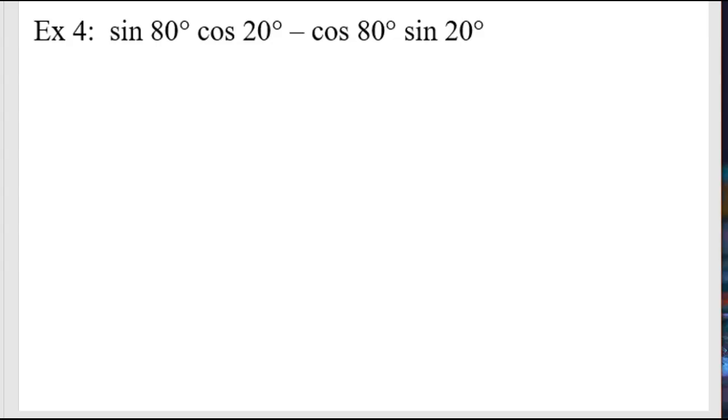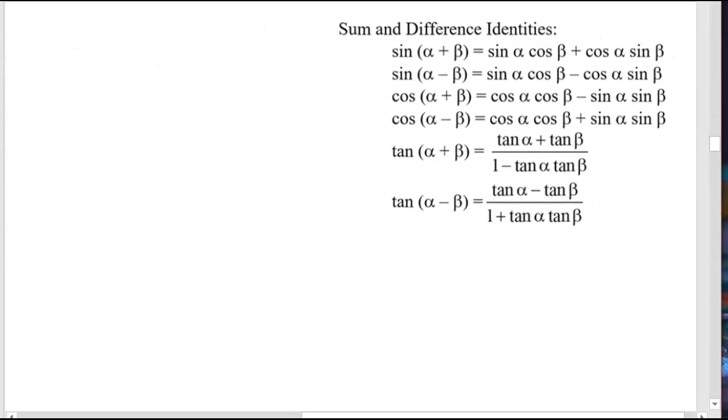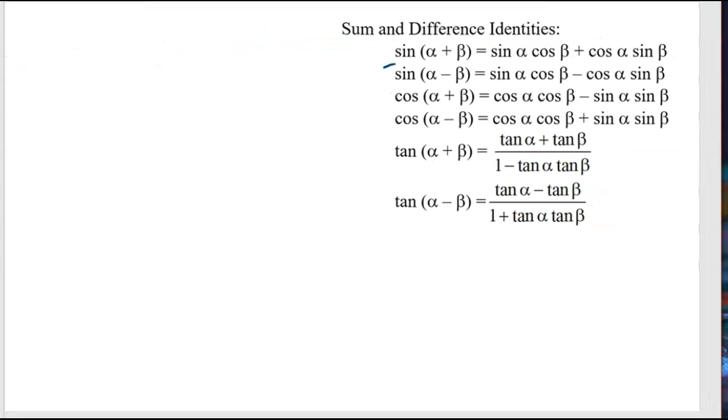So let's look at the formulas and see which formulas have sine, cosine, minus cosine, sine. And here it is. Sine, cosine, minus cosine, sine is going to be sine of the first angle minus the second angle.